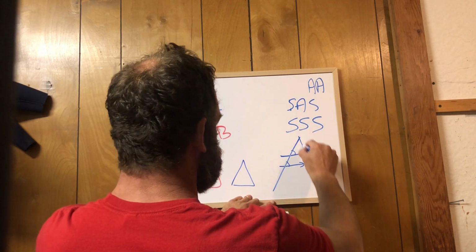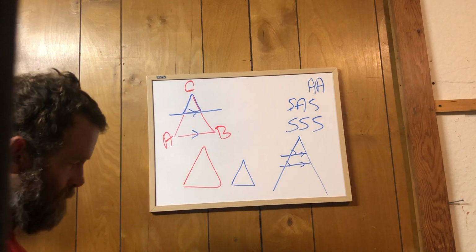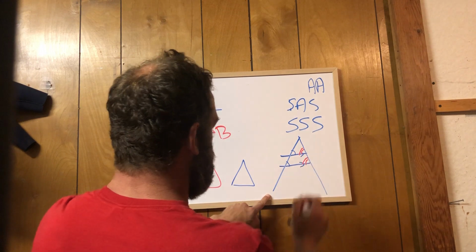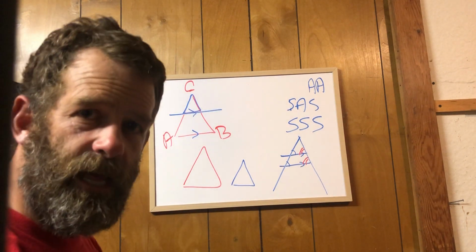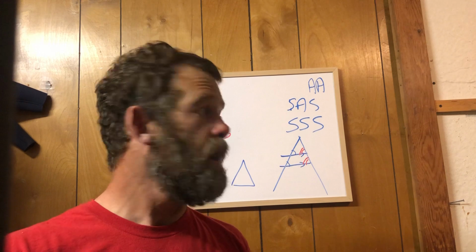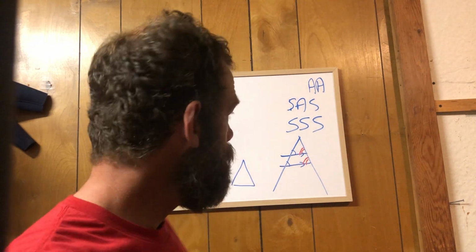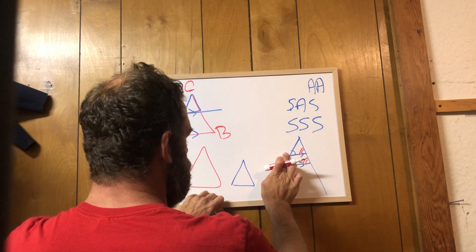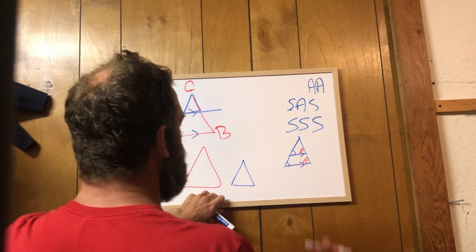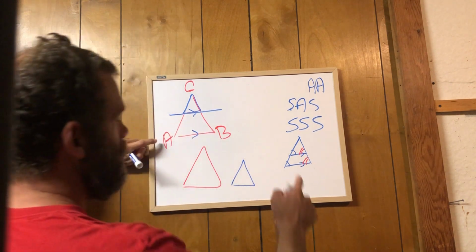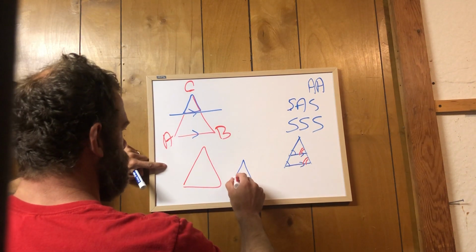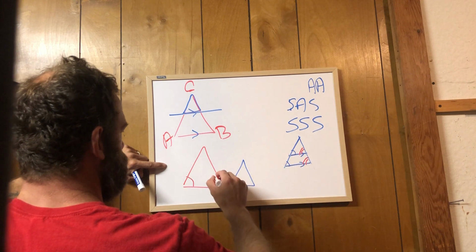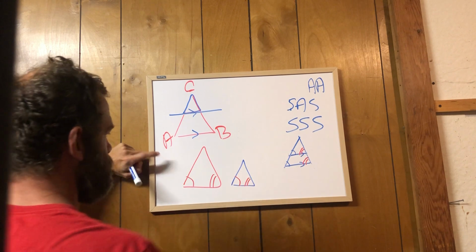Okay, now let's draw another line that goes through it. This angle and this angle are called corresponding angles, and corresponding angles with parallel lines are always the same. So what you hopefully understand is, if I were to get rid of all of these, you actually have this same figure where this right here shows that these two are the same, and this little triangle shows that these two and these two are the same.